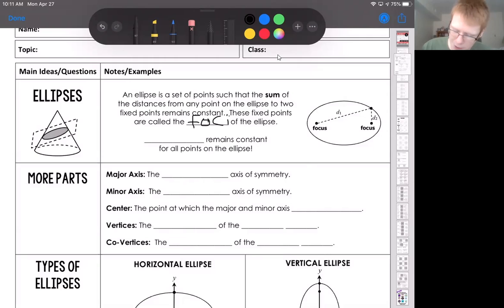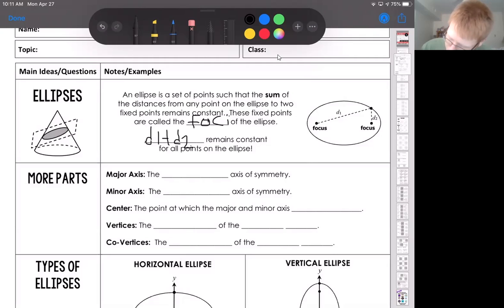But one thing about these distances between the focus points is that it will remain constant no matter where you are on the ellipse. So if you look at this diagram on the right, you have your two focus points, and we'll talk about how to find those, but you would see that the distance will stay the same.